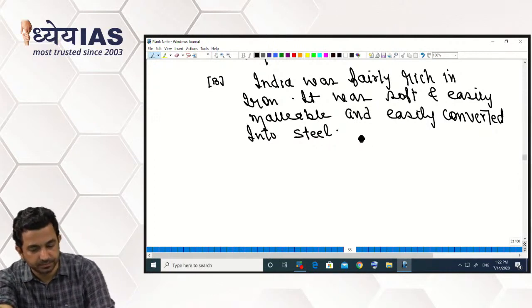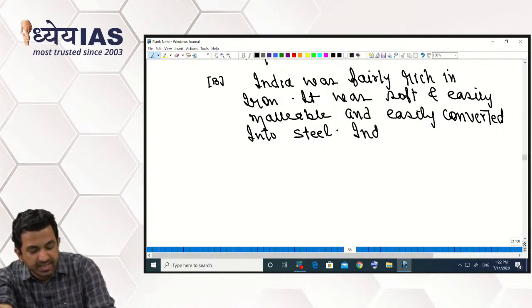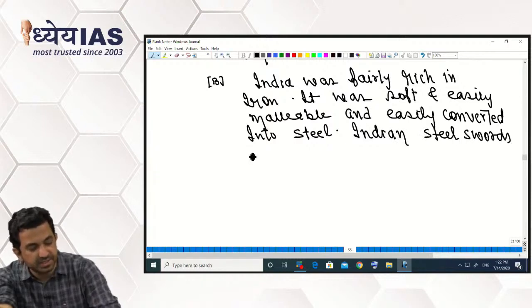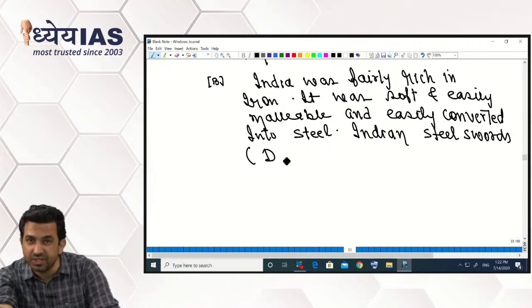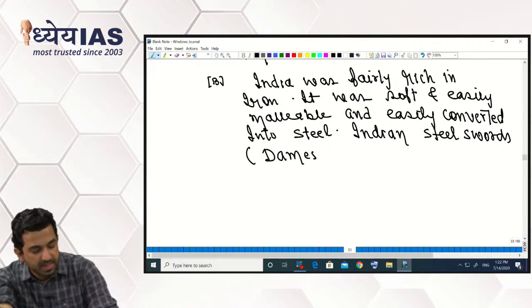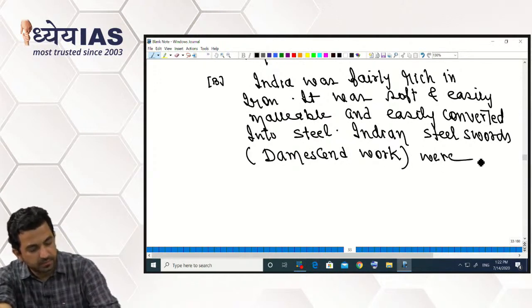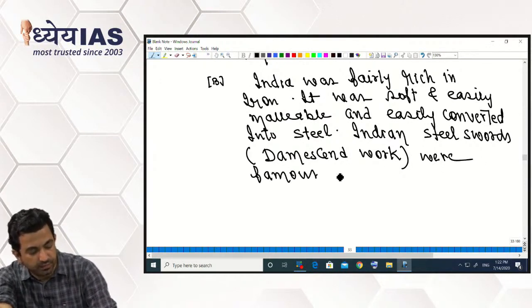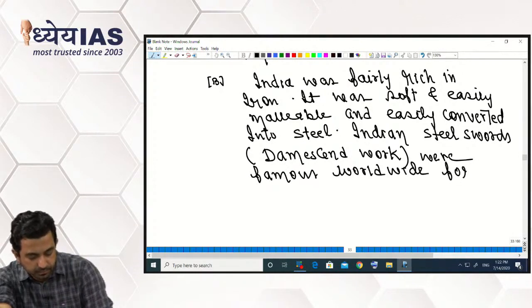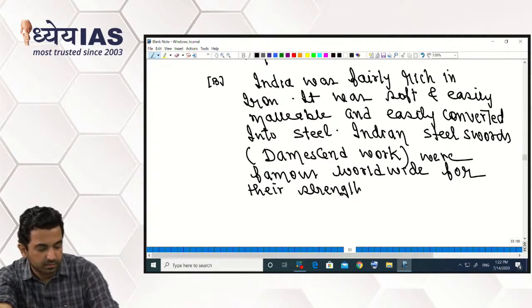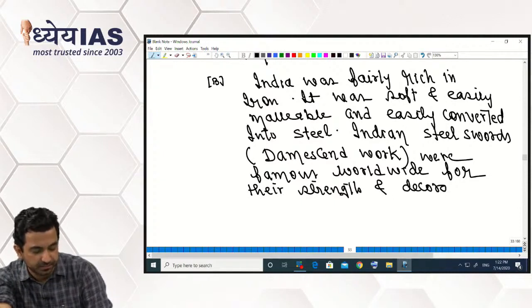And Indian steel swords, very decorative steel swords, called damascene work, were famous worldwide for their strength and decoration.